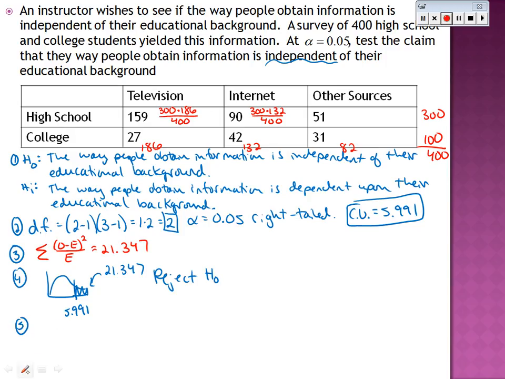Our claim, we need to rewind. We forgot to actually state which one our claim was. They want to claim that the two are independent of each other. So our claim is our null once again.